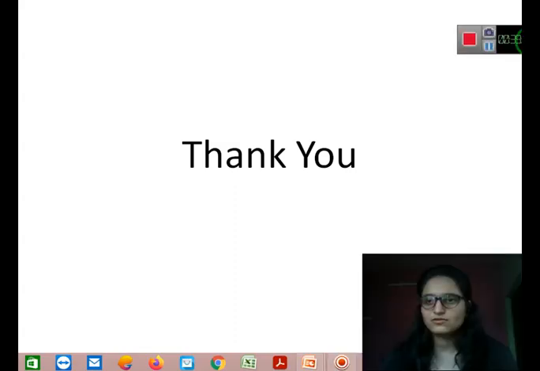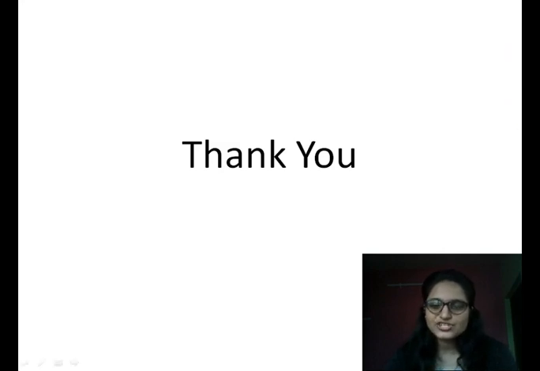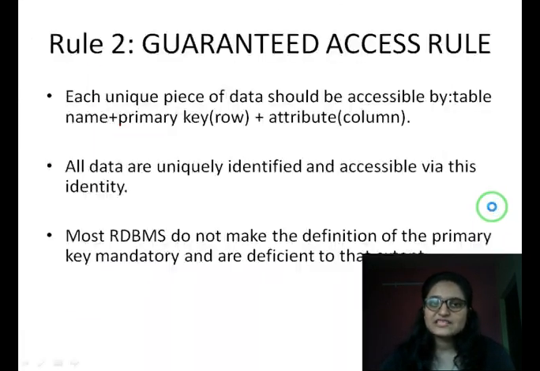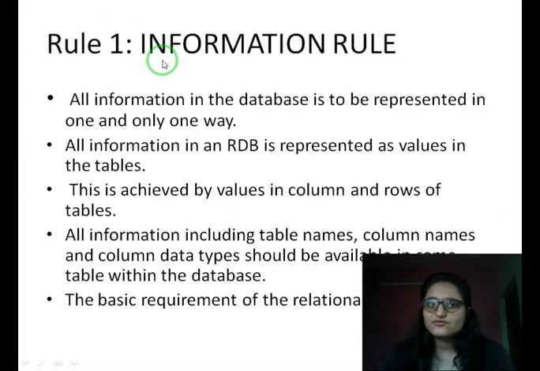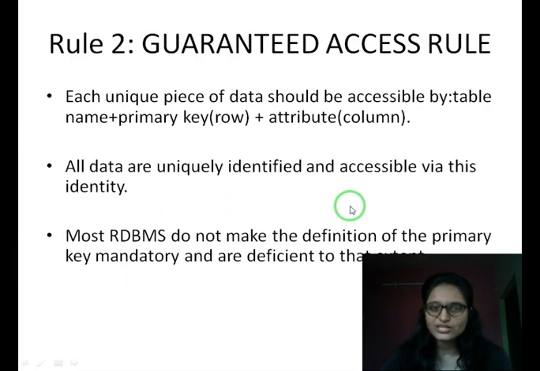Okay, so dear student, this is all about Codd's 12 rules for the relational database management system. Yes, this is a very theoretical concept. You just remember a basic keyword from each. The information rule says where and how the information gets stored, in a tabular format.